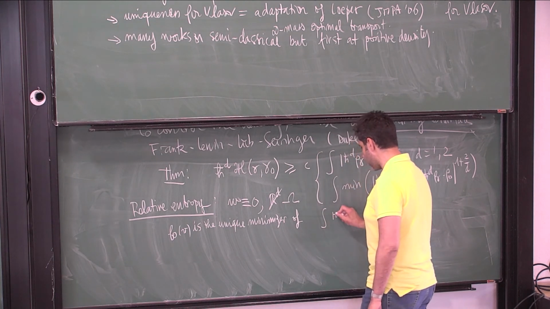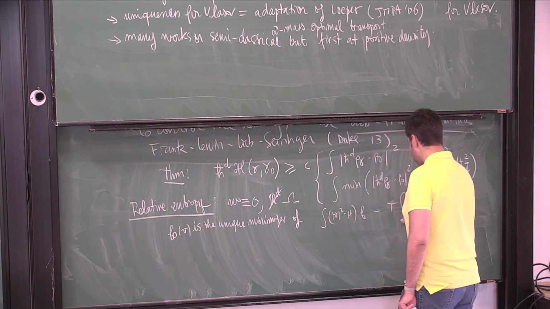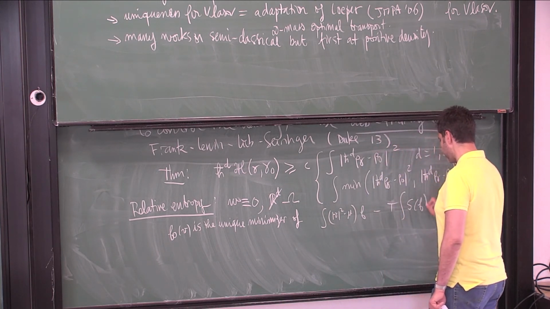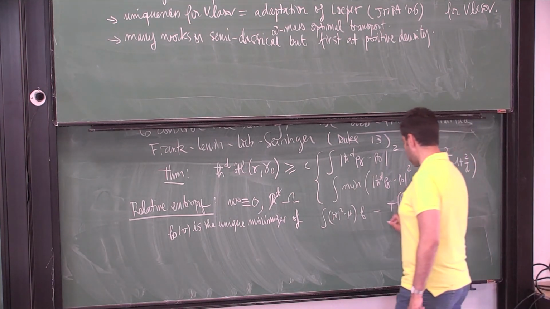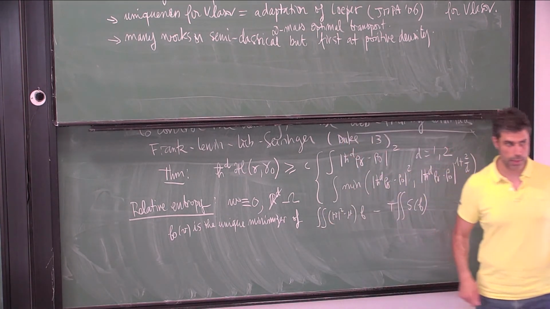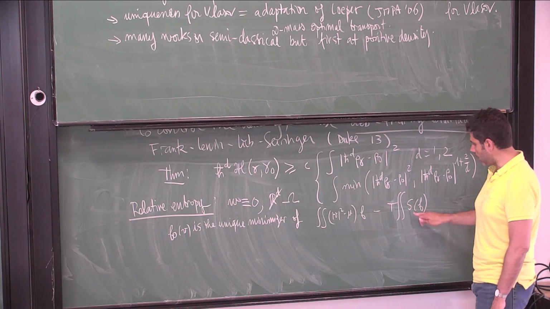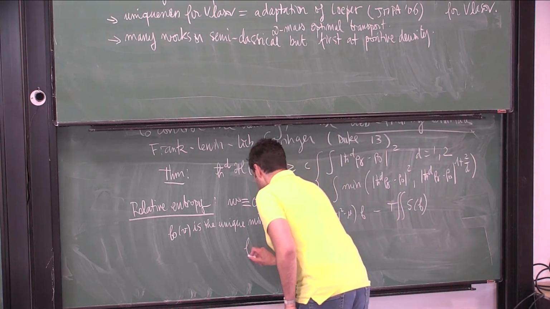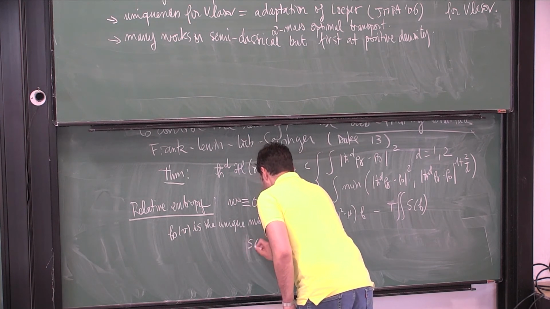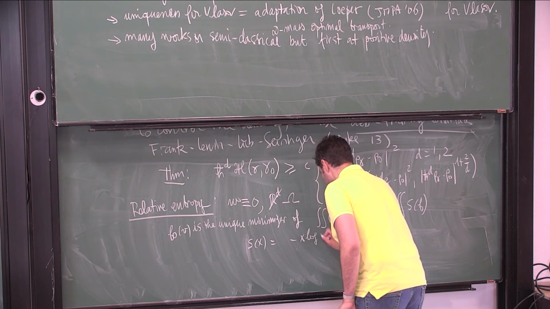So you integrate V squared minus mu F minus T integral S of F. Okay. And integrate over both X and velocity. So your equilibrium state is minimizing something. Okay. And this S depends on the F you took. So the S of x is equal to minus x log x plus x.